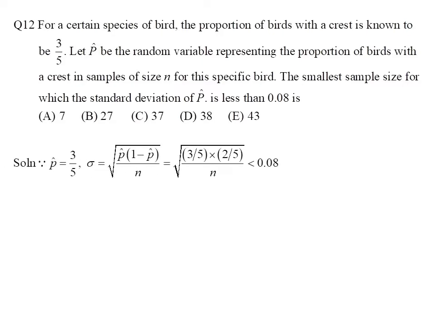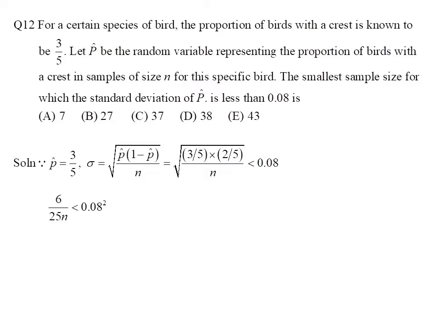Since the sample proportion is assumed equal to the population proportion, which is 3/5, the sample standard deviation equals the square root of p times (1 minus p) over n, which is less than 0.08.